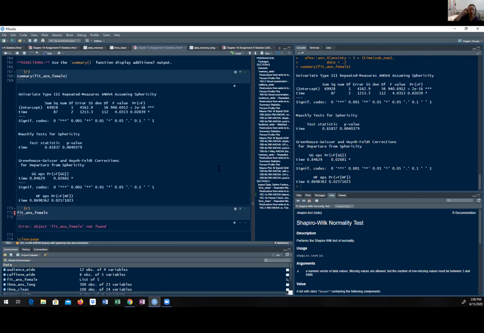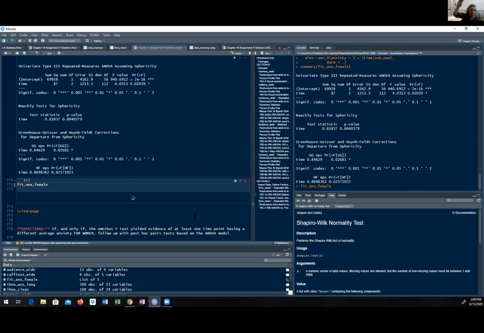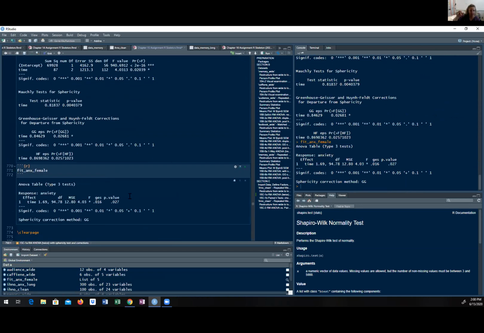Summary gives you all three pieces: the assuming sphericity, Mauchly's test of sphericity, and then the Greenhouse-Geisser corrections. If you do just the model name, notice the degrees of freedom. They've taken your epsilon, which is 0.846 this time, and multiplied your degrees of freedom by it. 2 times 0.846 comes to 1.69.